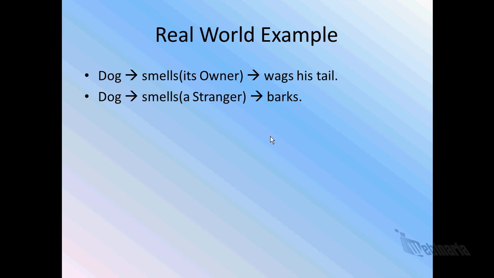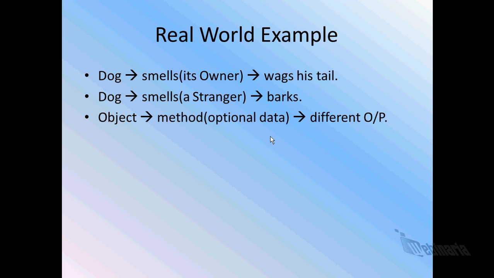If I take the real world example into the Java world, I can consider the dog as an object. The particular dog which I am taking in this example, I can compare to an object, and the smell, the work done by the dog, will definitely be a method, because objects use methods to get the work done.